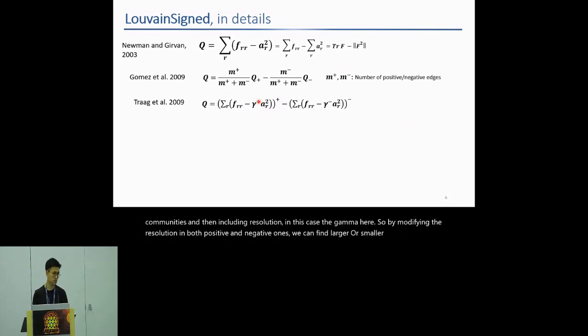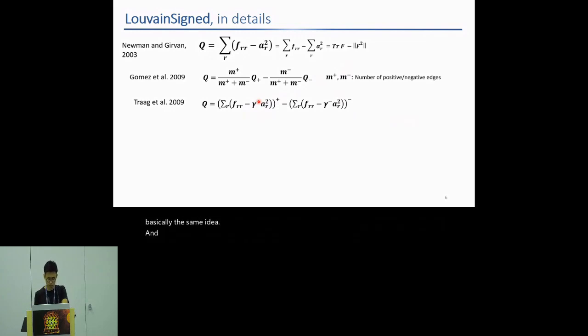I think if you have worked with Seurat or Scanpy, you may be familiar with the resolution to find more or fewer clusters. So it's basically the same idea. And then, yeah, this also works in a way that we can move this, but it's also not very optimal for the amount of negative links.